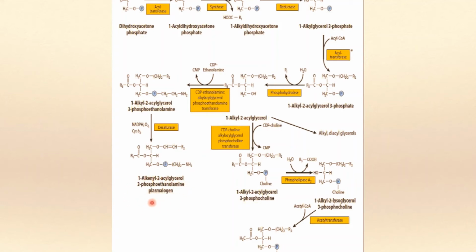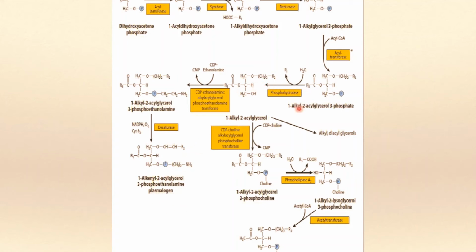This plasmalogen contains the unsaturation: 1-alkenyl 2-acylglycerol 3-phosphoethanolamine. So these are the components of the plasma membranes of different tissues, like ethanolamine containing plasmalogens are predominantly present in the myelins.